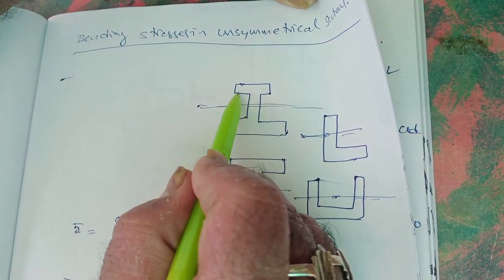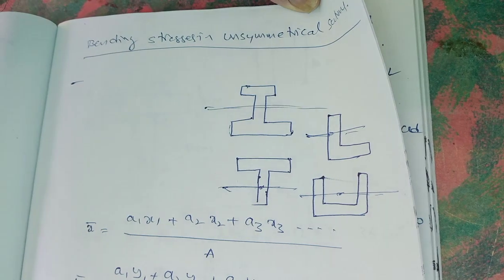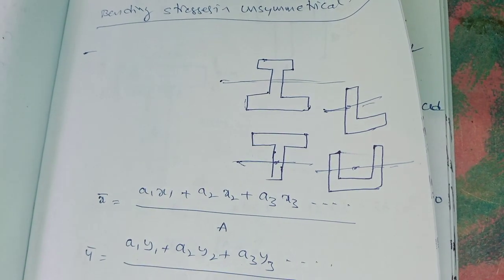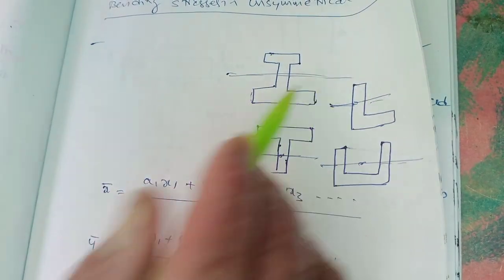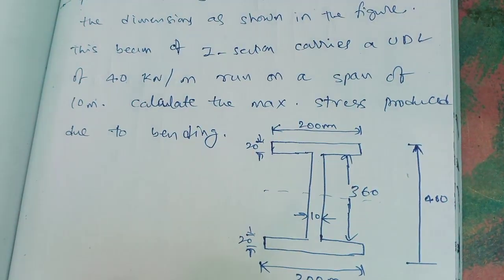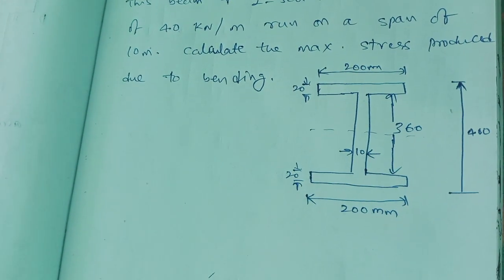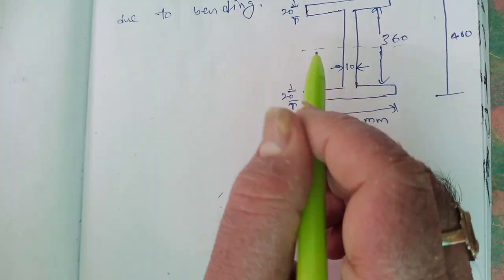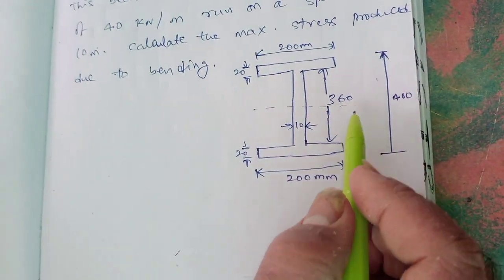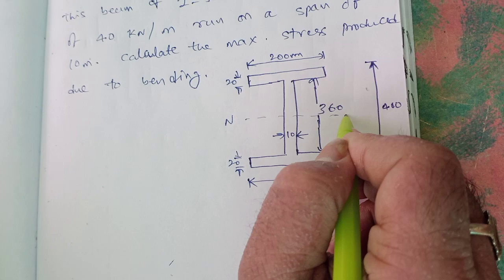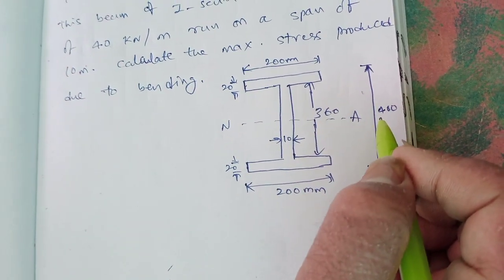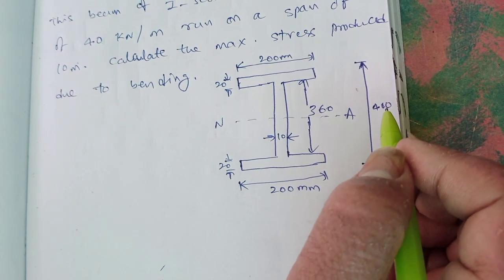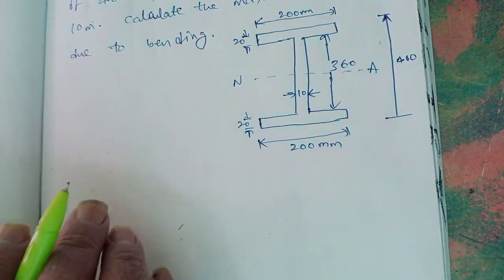If the top and bottom flanges are with two different dimensions, as previously shown in a figure like this, then we have to find the CG. So this is an unsymmetrical section and this is a symmetrical section. Here the centroid, meaning the neutral axis, is passing through the geometrical center, at 200 mm. Y max is equal to 200 mm.